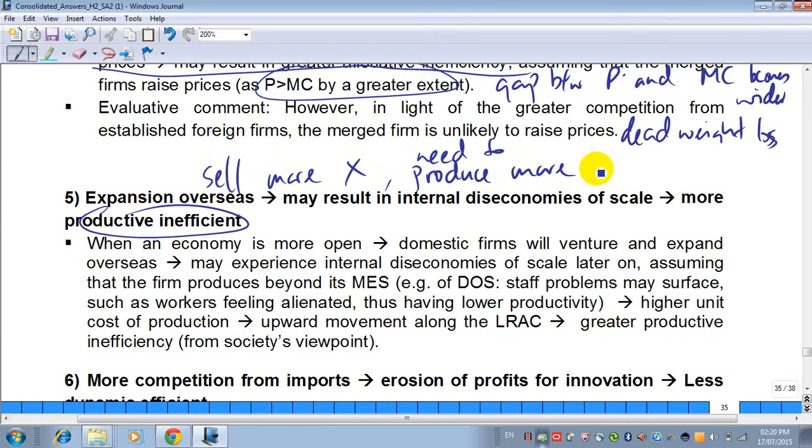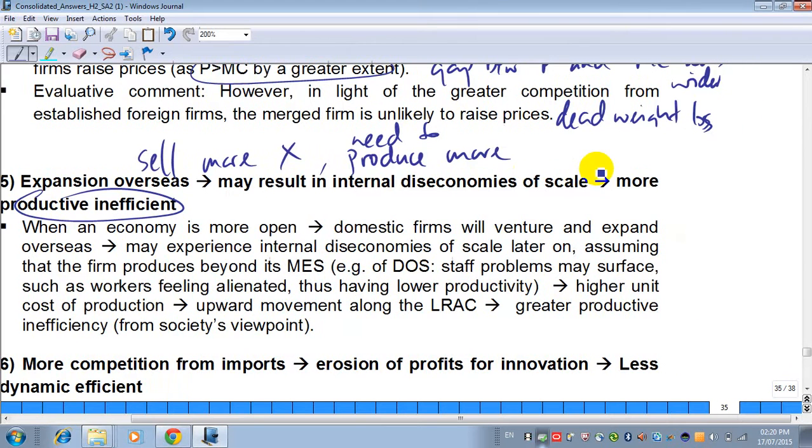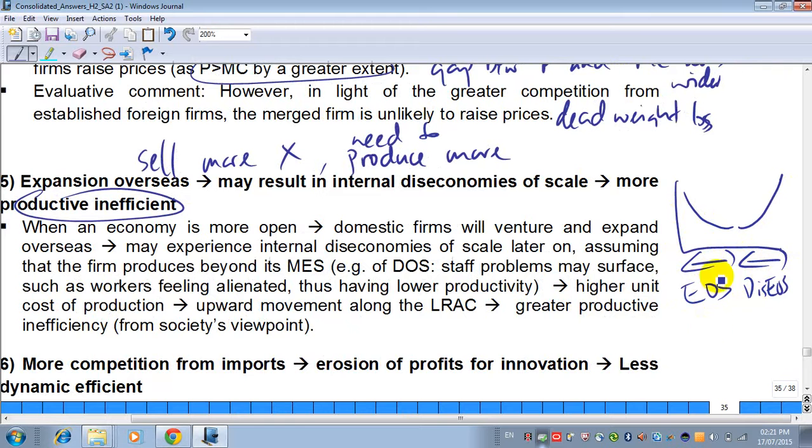Initially, when they produce more, they can enjoy EOS, but up to a certain point, they may start to suffer from diseconomies of scale, which may increase their average cost, and which would mean that they are more productive inefficient because their average cost is increasing.